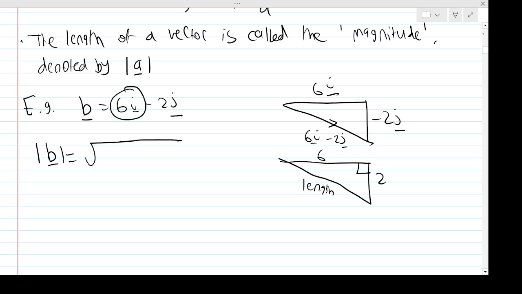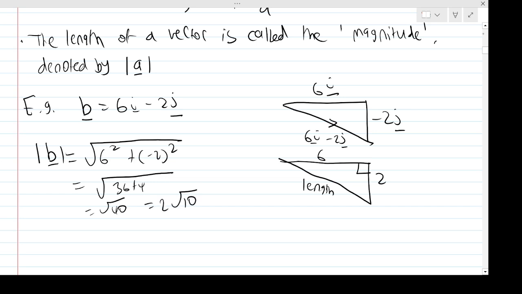So 6i, the number 6, that'd be 6 squared. Then we add the j component squared, so that'd be minus 2 all squared, right? So that would be 36 add 4, which would be root 40, which goes to 2 root 10. Okay, so that's the length of the vector, the magnitude of the vector 6i minus 2j.